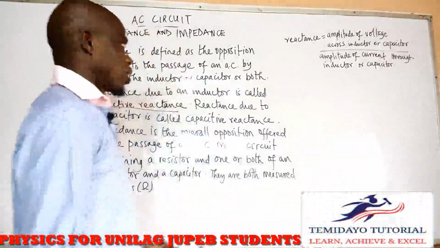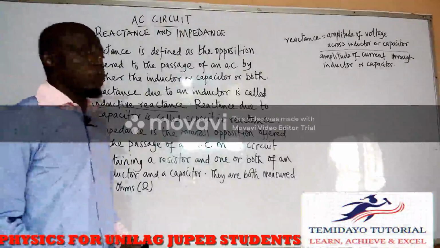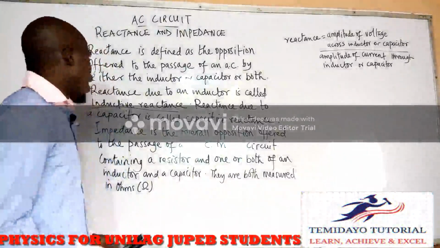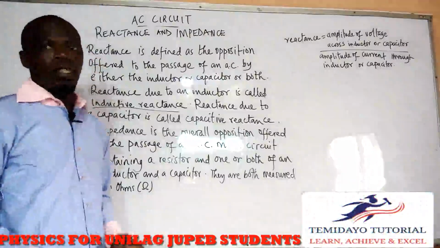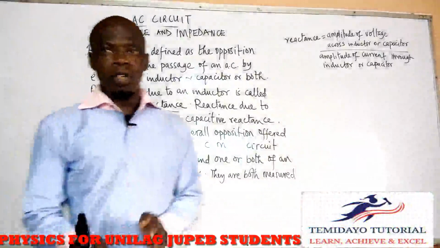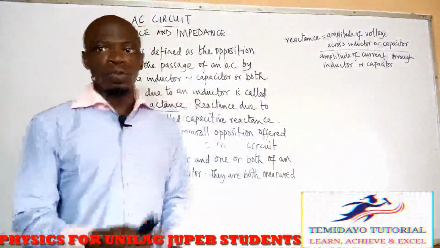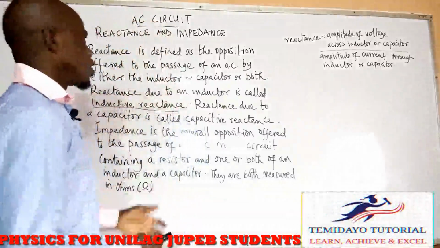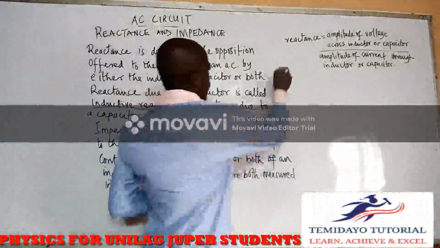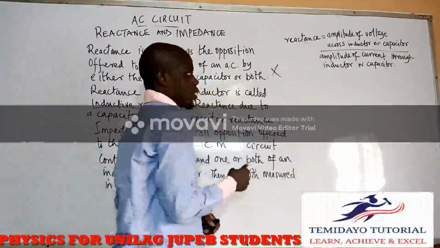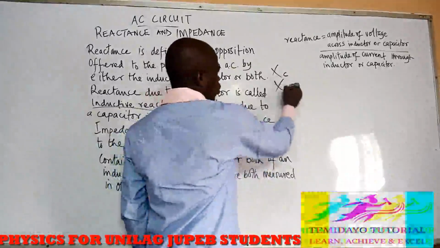Reactance is defined as the opposition offered to the passage of an AC by either the inductor or capacitor or both. The opposition offered to the passage of alternating current either by an inductor or by a capacitor is what we refer to as the reactance. It is normally denoted as X. For the capacitor, we call it XC, and for the inductor, we call it XL.